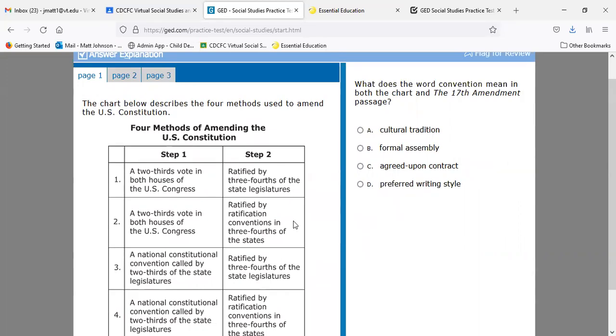Is it A, a cultural tradition, B, a formal assembly, C, agreed upon contract, or D, preferred writing style? Okay, Levon's not available. We'll go on to Debbie then. Debbie, we'll give this one to you. What does the word convention mean here in this context? Is it a cultural tradition, a formal assembly, agreed upon contract, or preferred writing style?